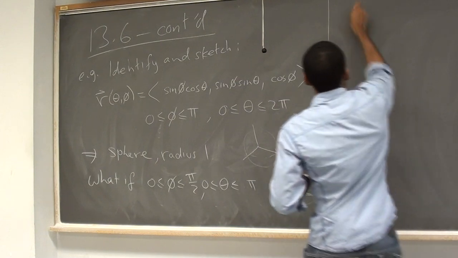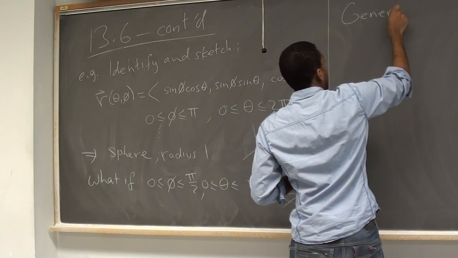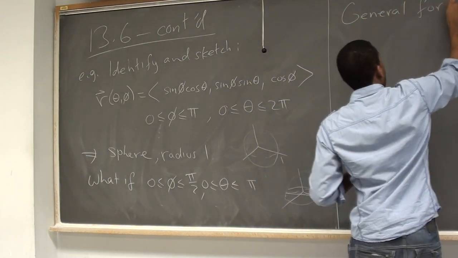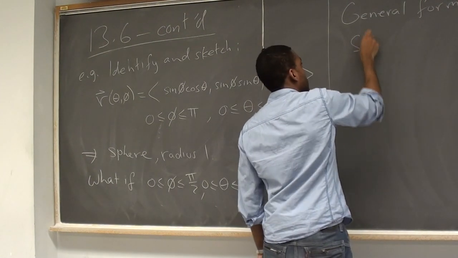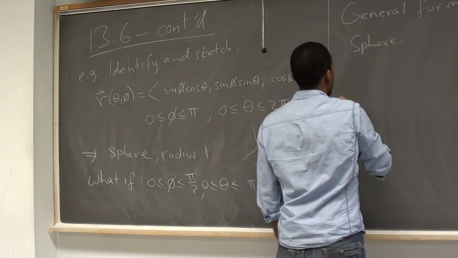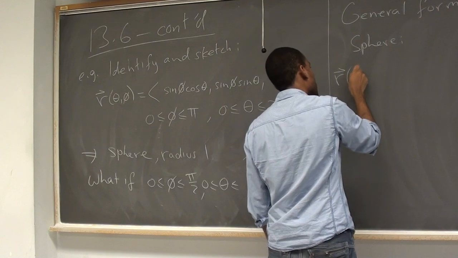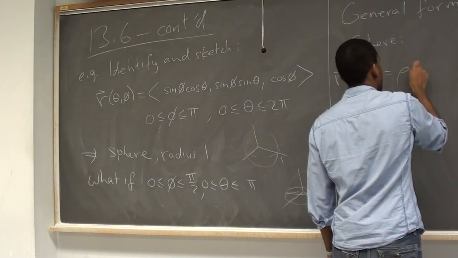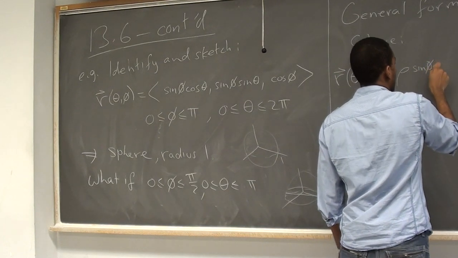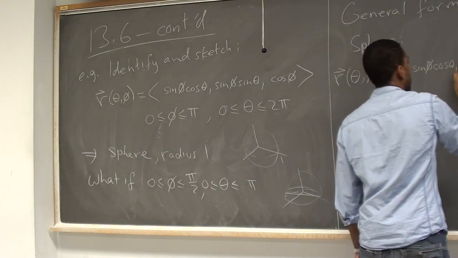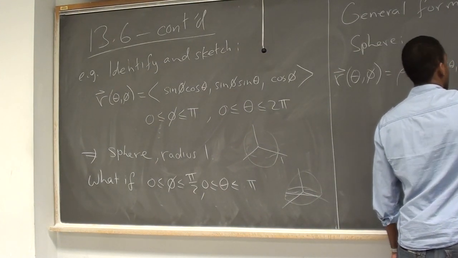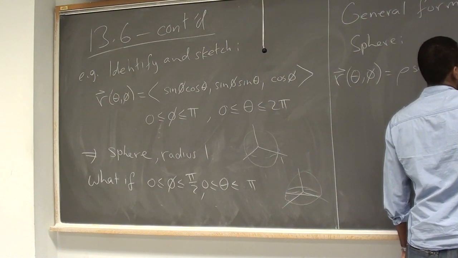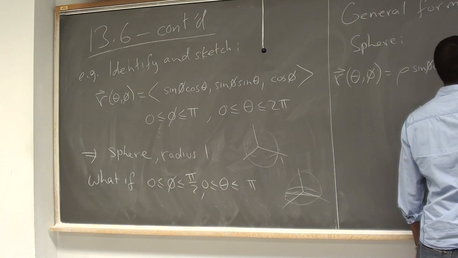Okay, so this leads to another general form, the sphere. If I parameterize a sphere, you could always use this parameterization: rho sine phi cosine theta, rho sine phi sine theta, rho cosine phi.